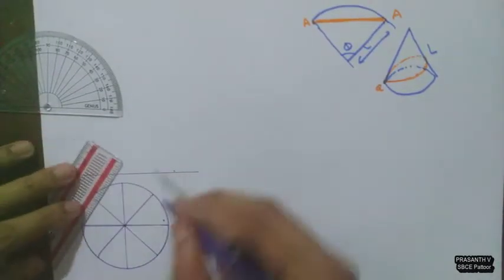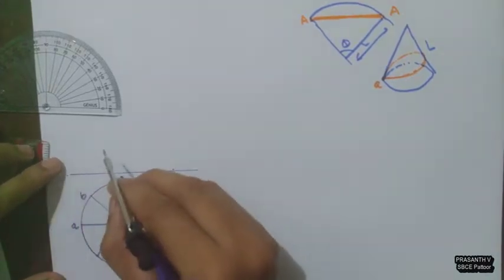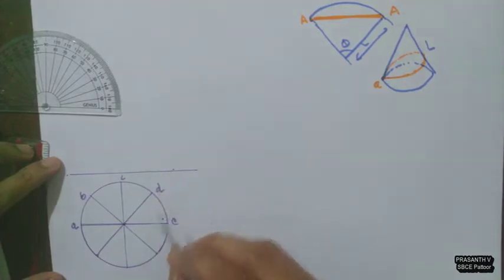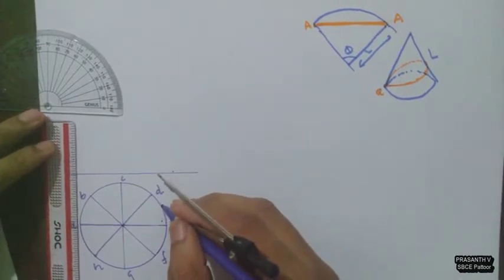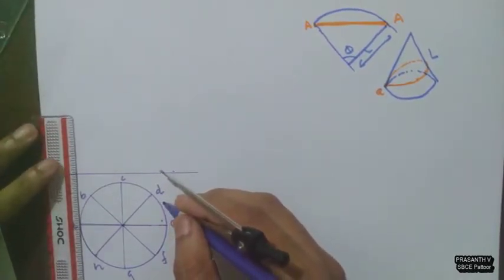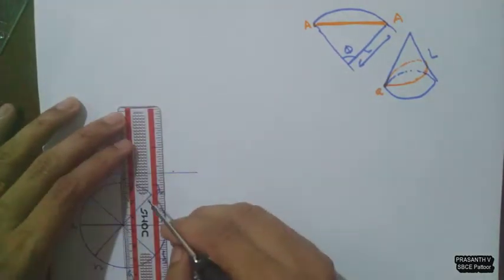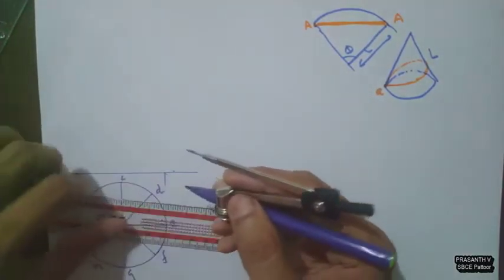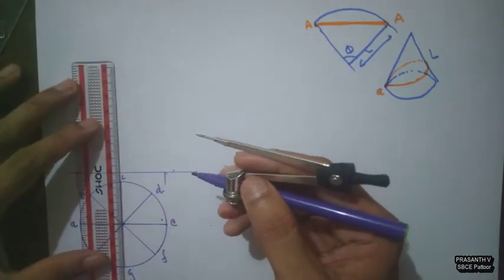And name it A, B, C, D, E, F, G. This point is H, and complete the front view also. The height of the cone, 70 mm, is given in the question.